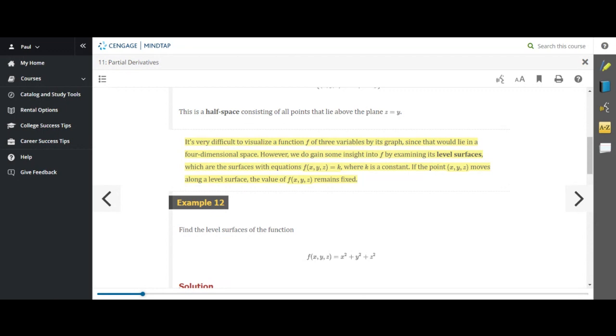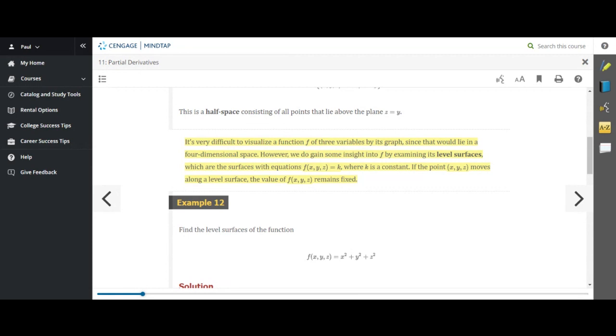Level curves are when you set a function of x and y equal to a constant. Level surfaces are where you set a function of x, y, and z equal to a constant. And if you have a function of x, y, and z equal to a constant, you can actually graph that, and you can see how the function behaves.